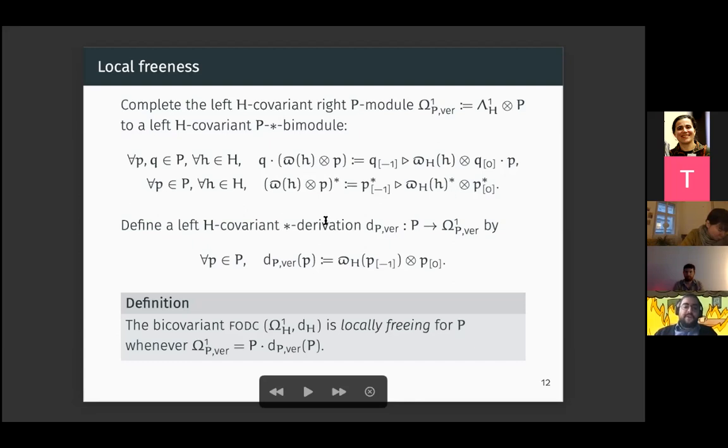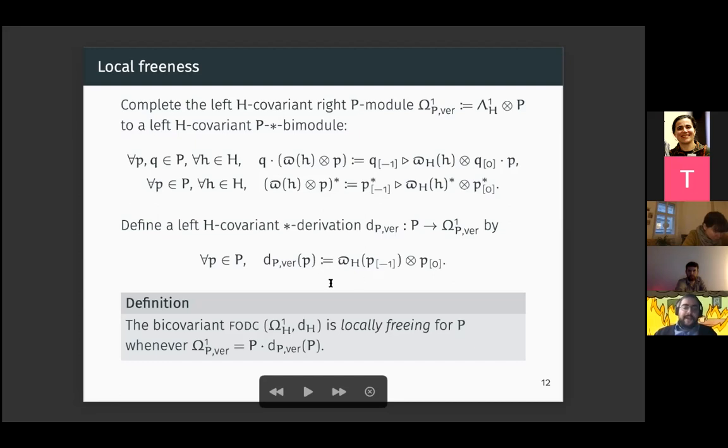And now you have a nice covariant P-star module, and now you can make perfect sense of the vertical derivative, which looks like this. So basically, in the classical case, you're literally just taking the orbit-wise derivative of your function.